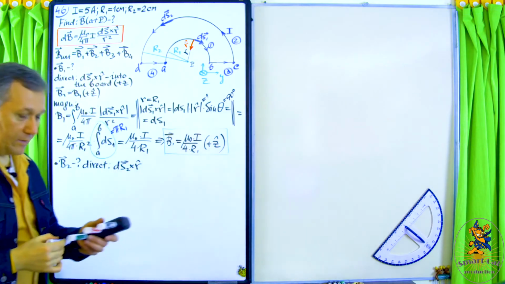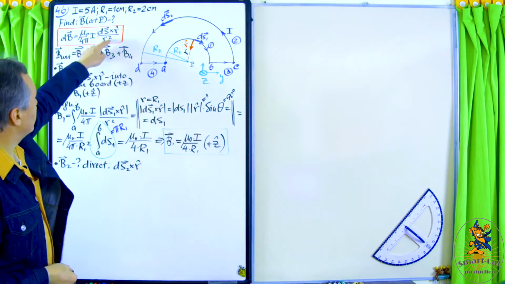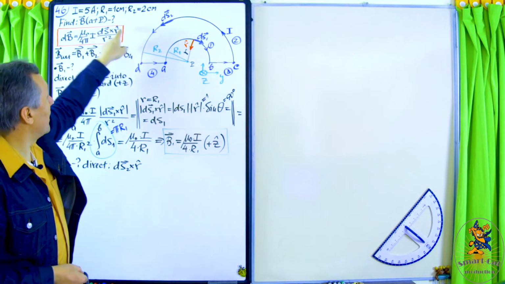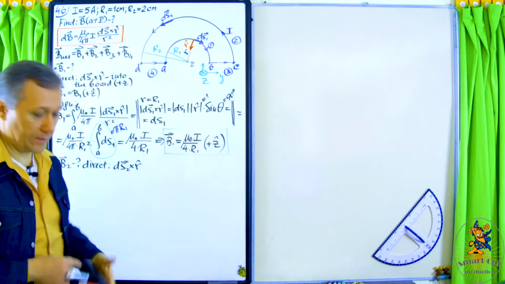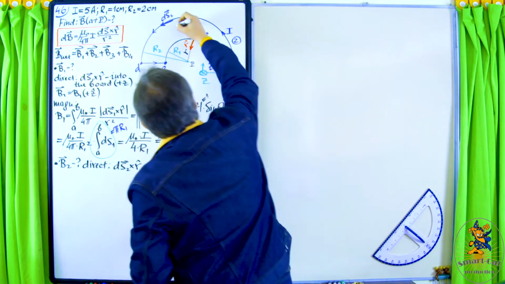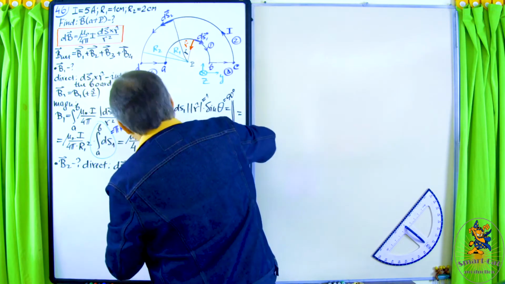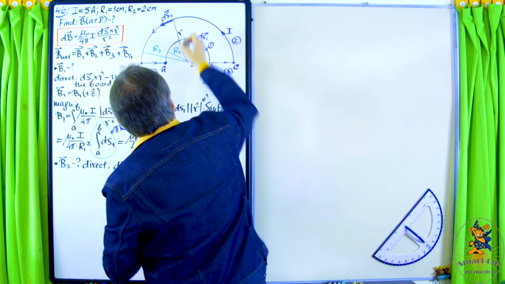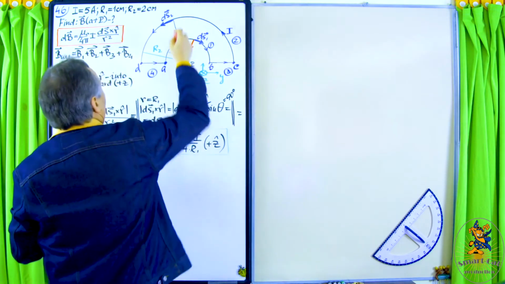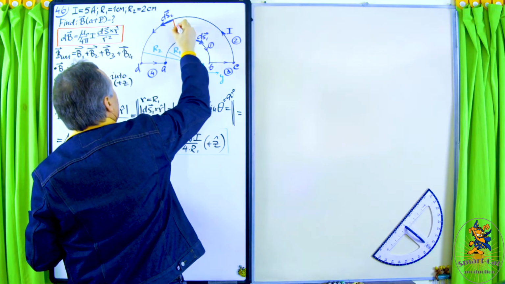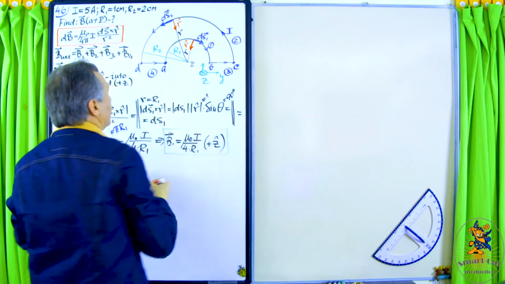Then r is the distance from ds to the point in question, and r hat also points in that direction. This is r hat, right?